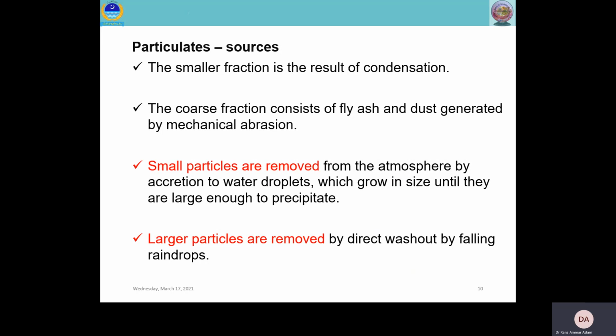The particulate matter grows in size when it comes in contact with water droplets, and then precipitates. Likewise, large particles are removed by direct washout as raindrops.